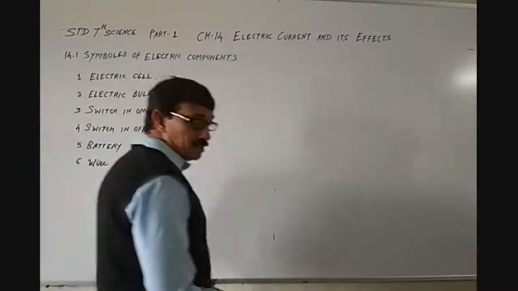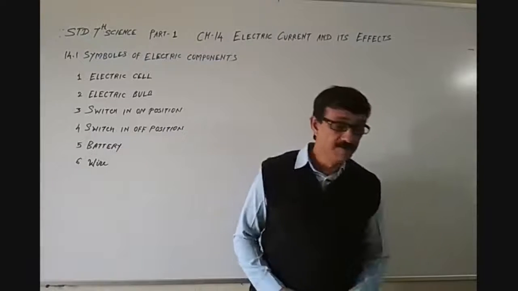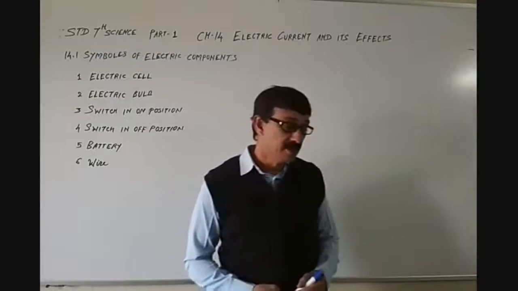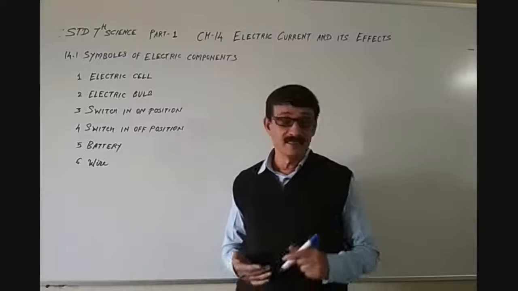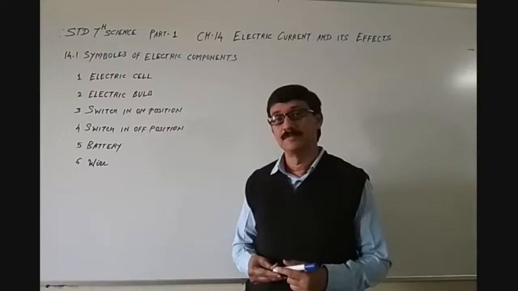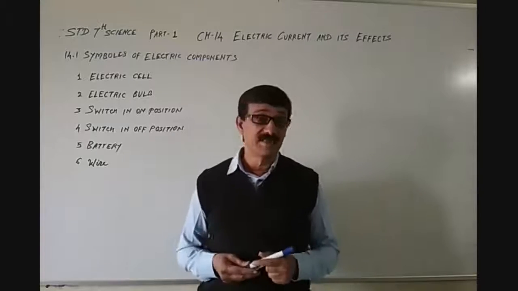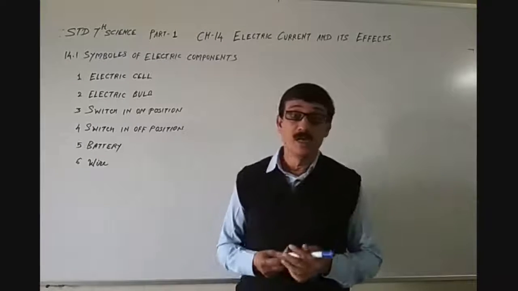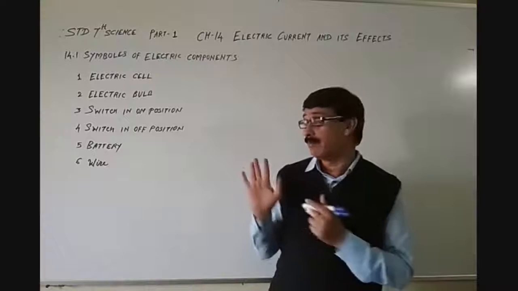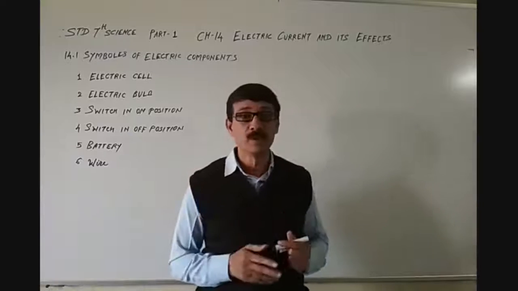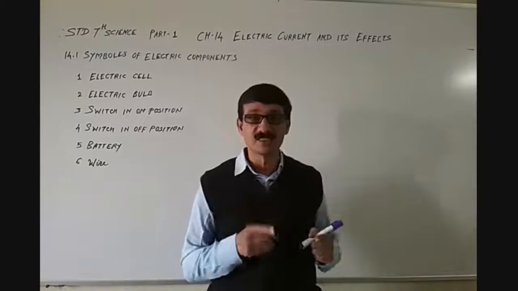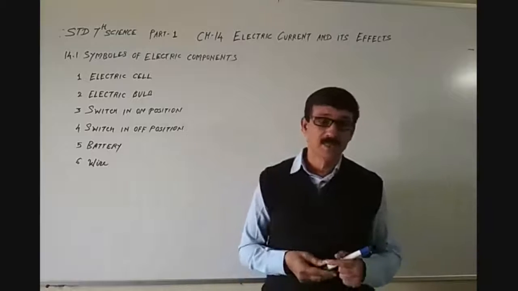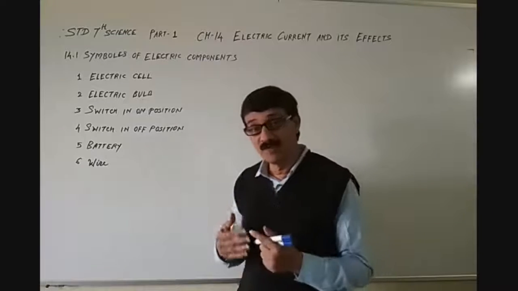Welcome students to part 1 of chapter 14, Electric Current and its Effects, of standard 7 science. In standard 6 also there was a chapter about electricity, Electricity and Circuits. It was the 12th chapter. In this we are going to learn further.